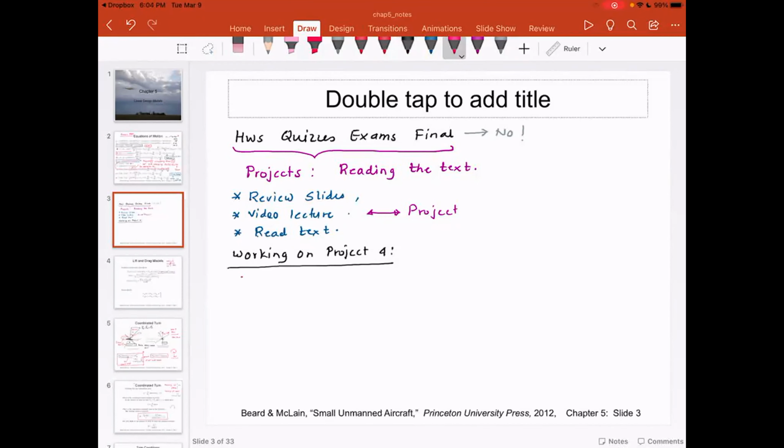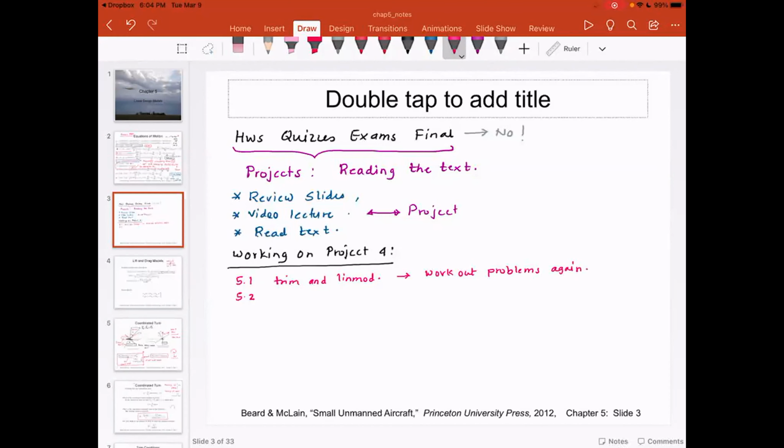For project 4, section 5.1 talks about trim and Linmod. We worked examples on trim and Linmod, but I would expect you to work out those problems again, just to make yourself familiar.